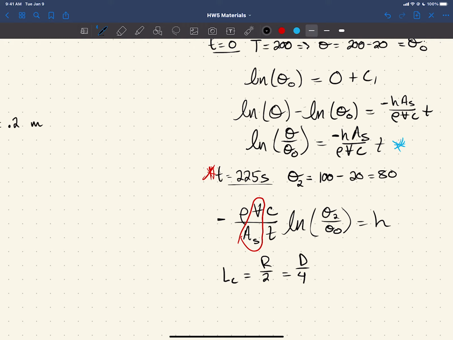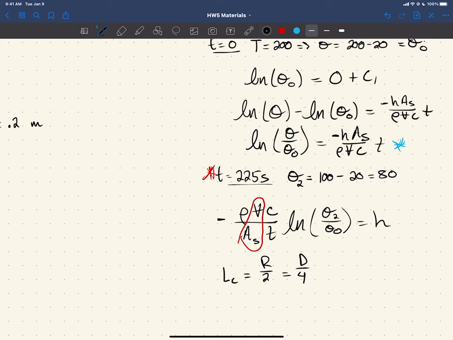We define Lc as that V over As, since the Biot number really just has that Lc because it needs something with the dimensions of length to make it dimensionless. Sometimes you might hear it called a length scale, which implies it's just there to add something about a length in the problem to that number.